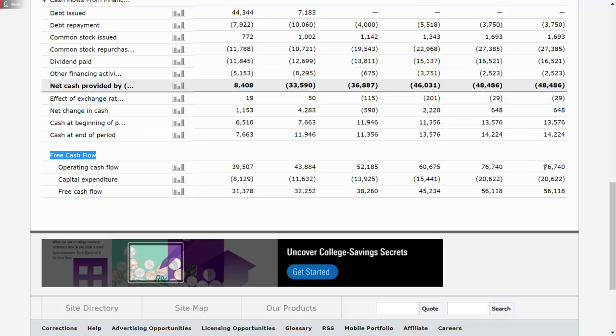Operating cash flow here is $76.7 billion. How much was spent on capital expenditure, which is negative, which is money going out, $20.6 billion. So this company in the last 12 months generated a free cash flow of $56,118,000,000.